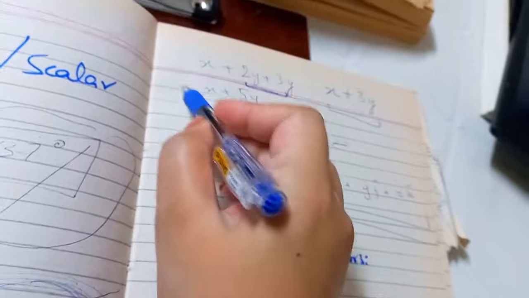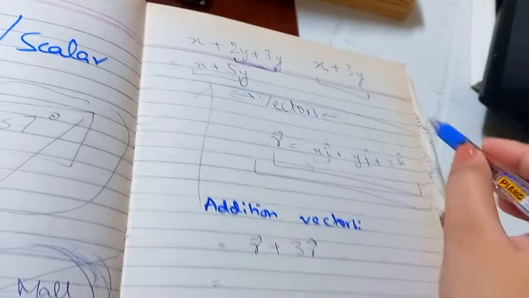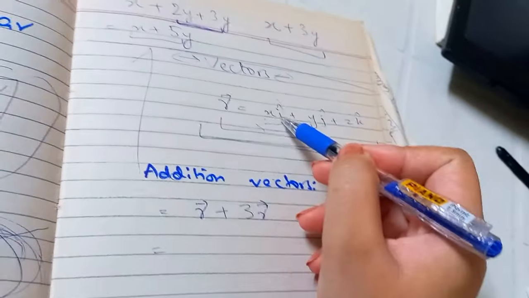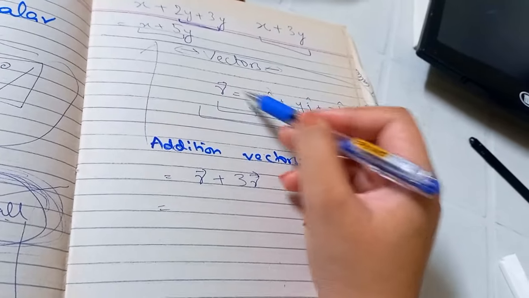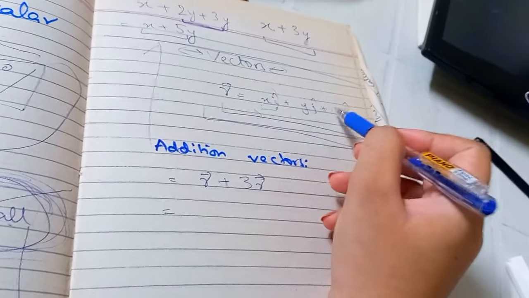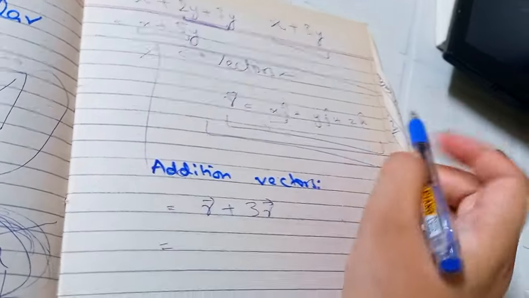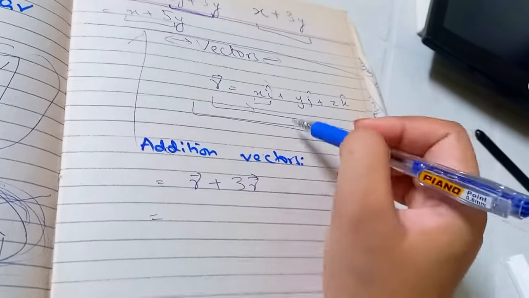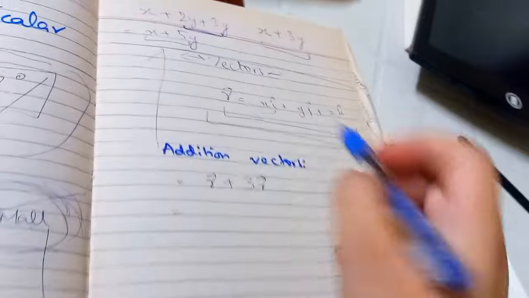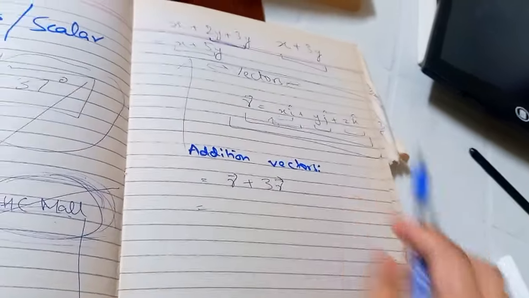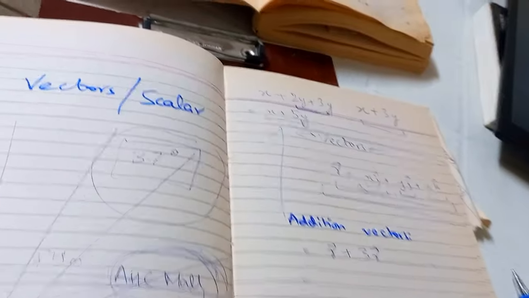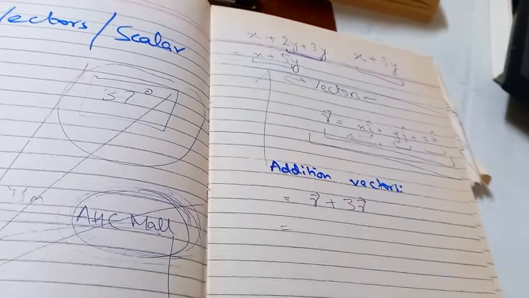That's how, if you are adding vectors, then i hat directions will be added to each other, j hat will be added to each other, k hat will be added to each other, but they cannot be interchangeably added to form a single result. They remain separate, because they are independent of each other. This is a property that you have to follow. Similarly in subtraction as well.